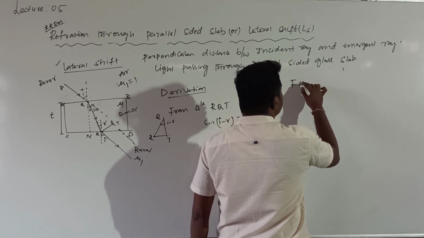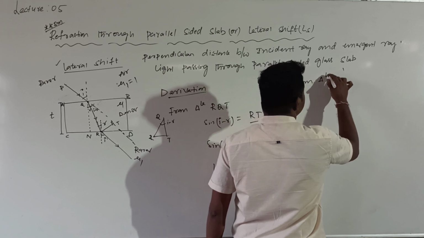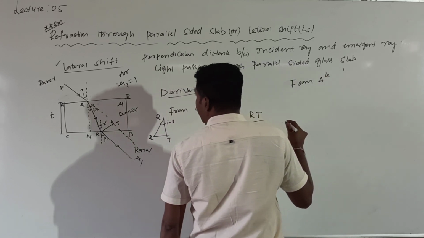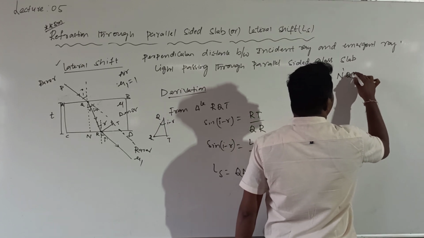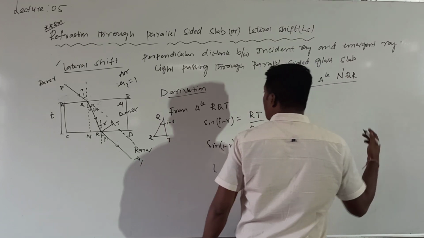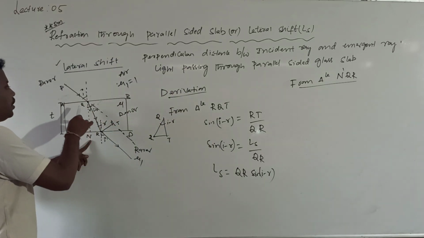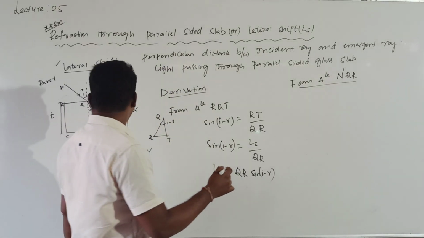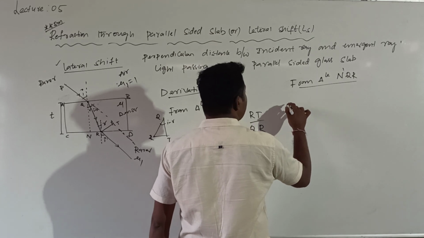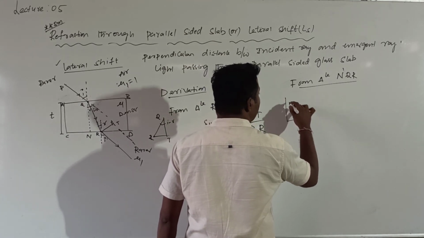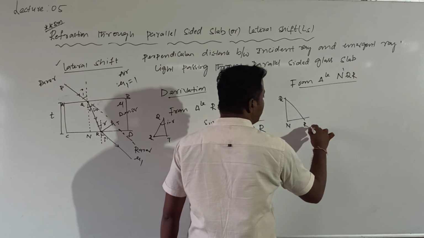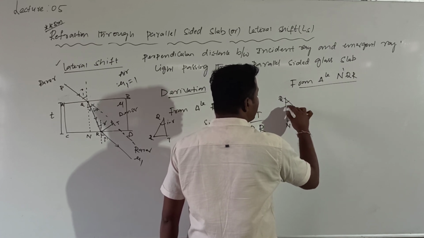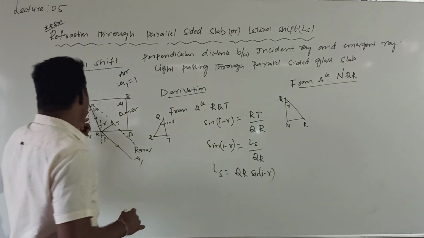To calculate that distance, from the triangle, which one will I consider? Triangle NQR. NQR is also a right angle triangle. In this triangle, this is N, this is Q, this is R, and this angle is equal to r.